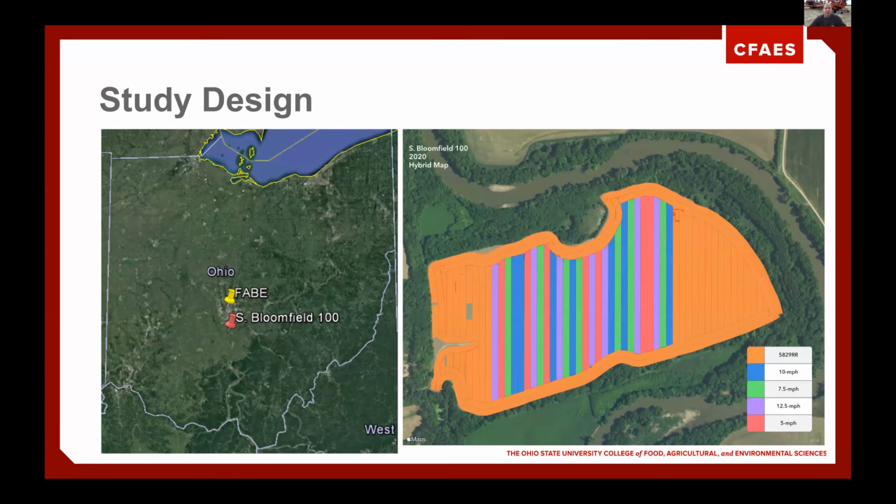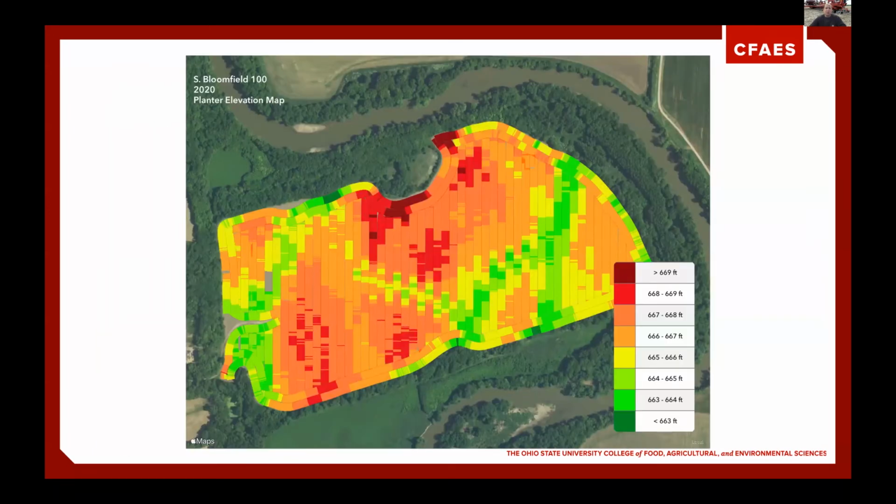So this field was in South Central Ohio, just outside of South Bloomfield, Ohio, off US 23 in a river bottom. We have been in this field with high-speed studies on a steady rotation since 2016. This was the site for our first study, and we continue to use this field for some of our high-speed plots. So when we look at this field, it is relatively flat.